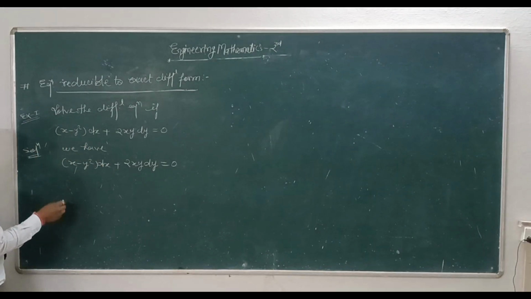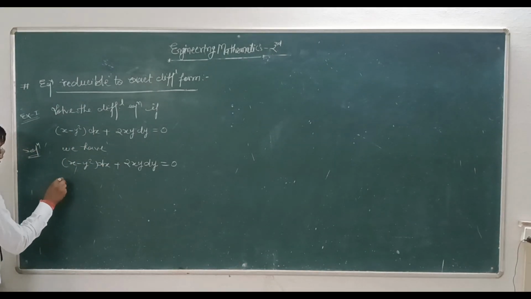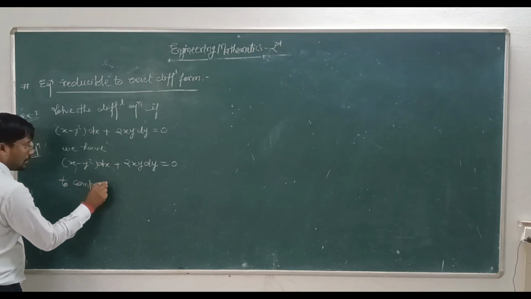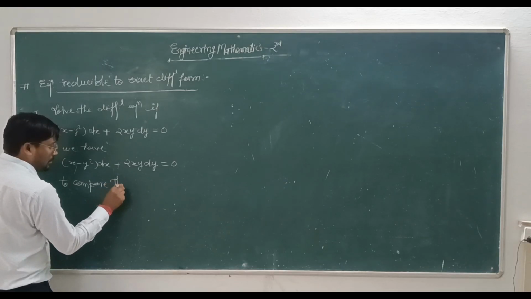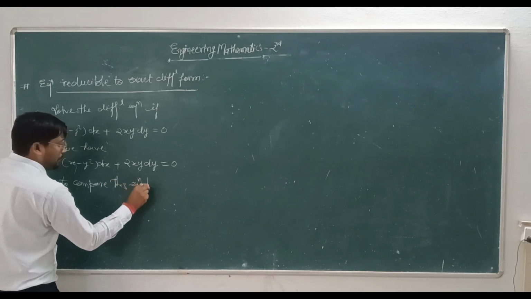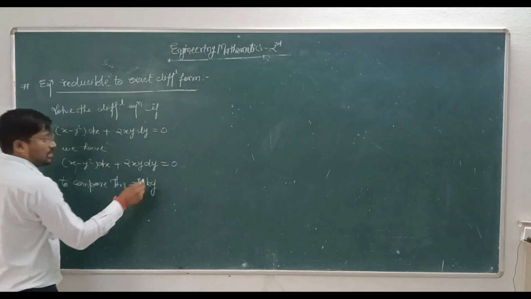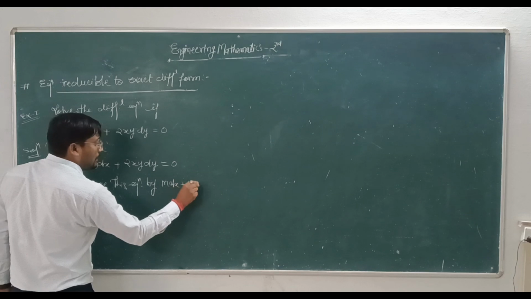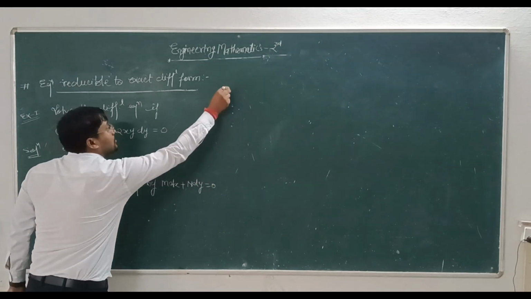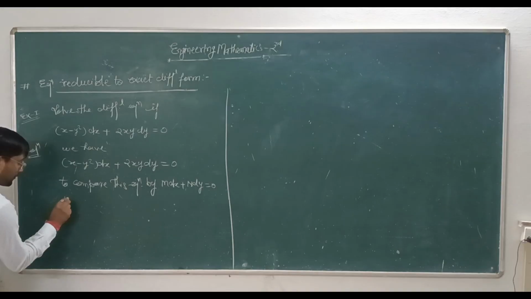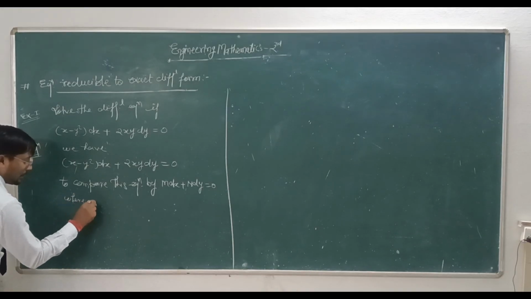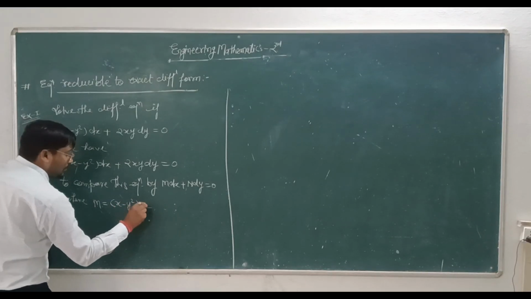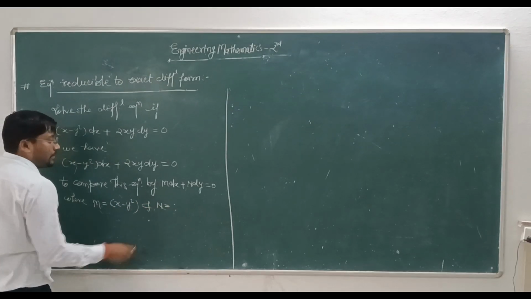First, compare this equation with the exact differential equation M dx + N dy = 0, where M is equal to x − y² and N is equal to 2xy.